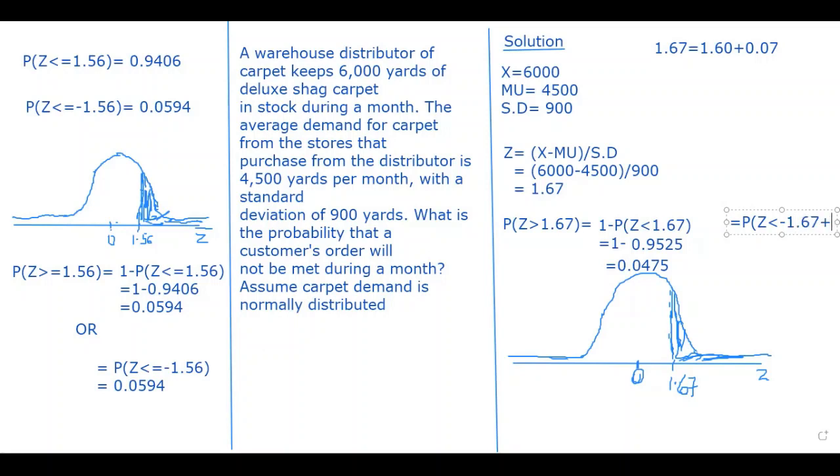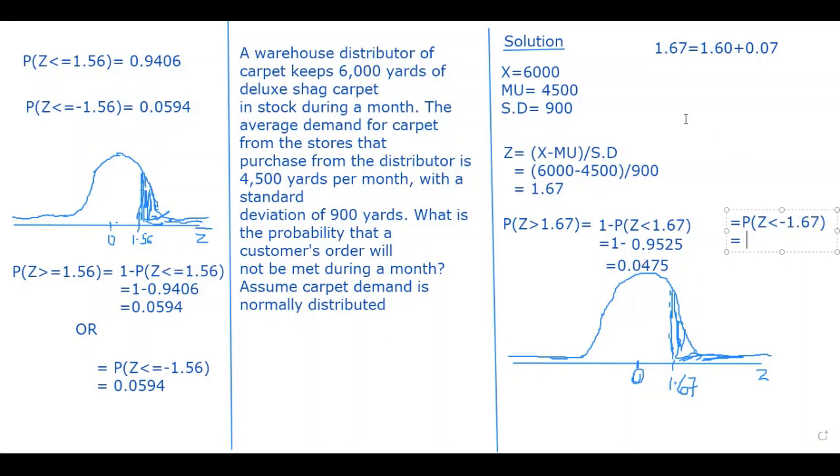You get it? So first of all, the greater sign you change to less than, and the positive number you change to negative, but you're not going to subtract it from 1. When you change it to negative, you do not subtract it from 1.